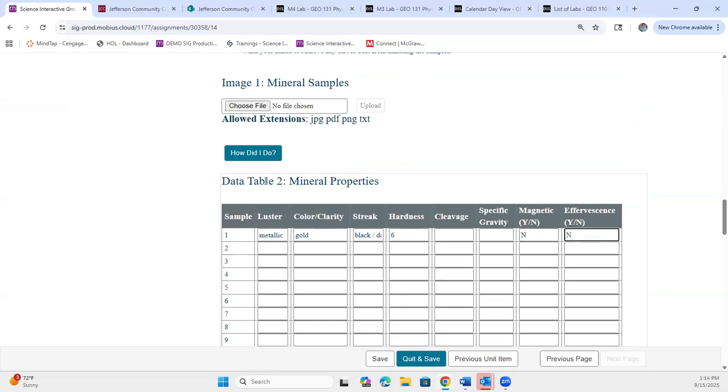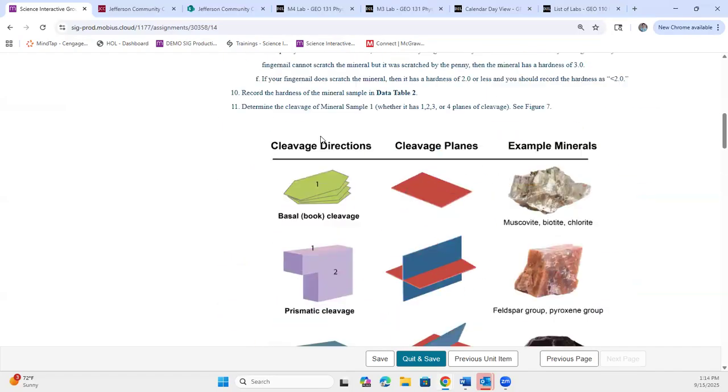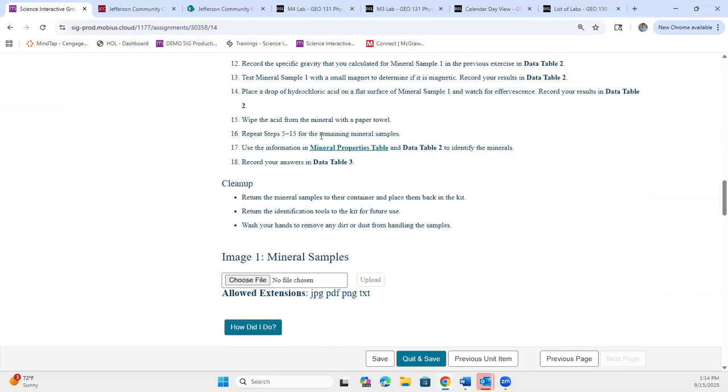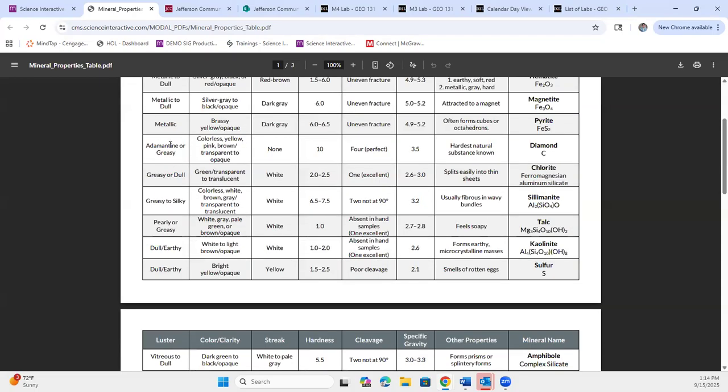And now we're going to identify the mineral. There we go. So we've got a metallic luster. This is organized by alphabetical order.